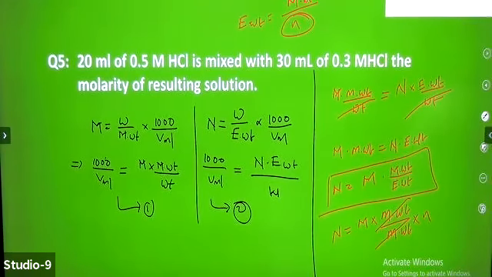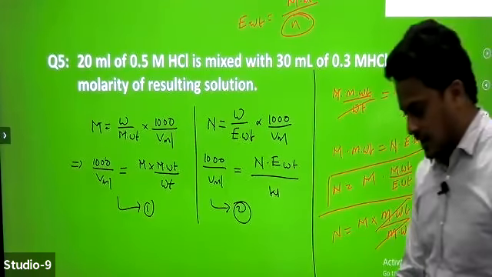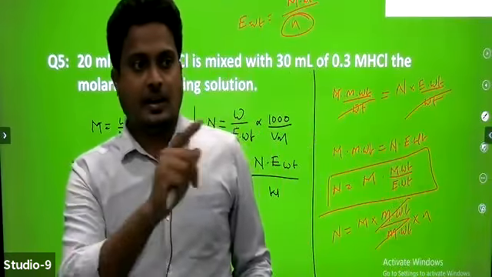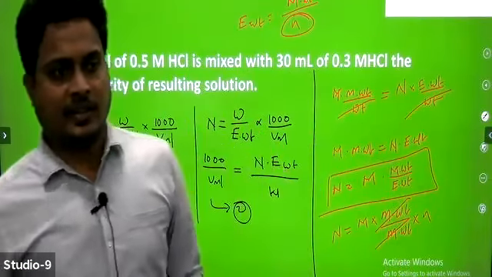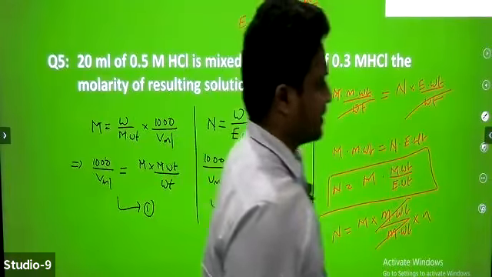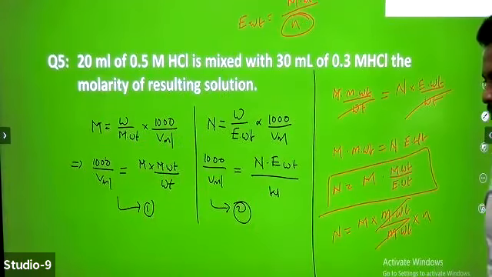What is N here? N factor. Total charge on the anion or total charge on the cation, acidity, basicity, etc. Number of electrons involved in a reaction. Do you get it?